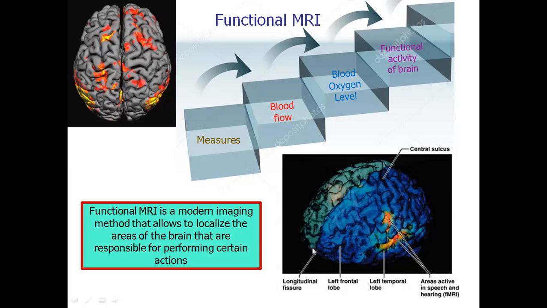Look at this picture. You see that in functional MRI images, areas which are responsible for speech, in this case, and hearing, are very bright, and this map is very useful for the surgeon in those cases when they intend to perform operations somewhere inside the brain.